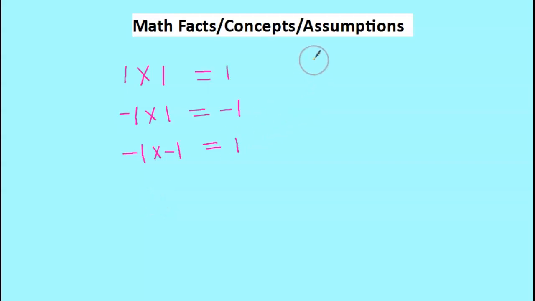You can also say that a positive divided by positive is positive. A negative divided by positive is the same as positive divided by negative, which is negative. But if you have negative divided by negative, it is positive.